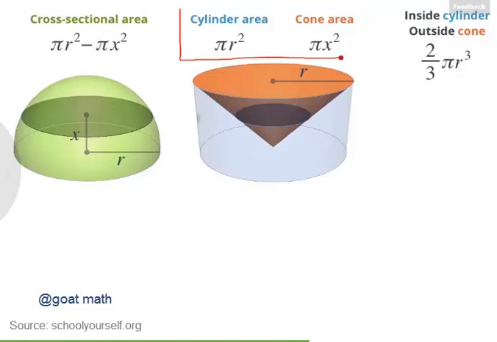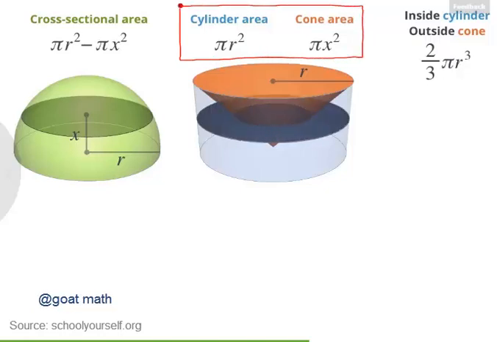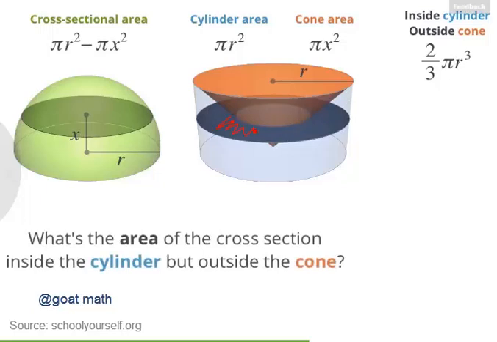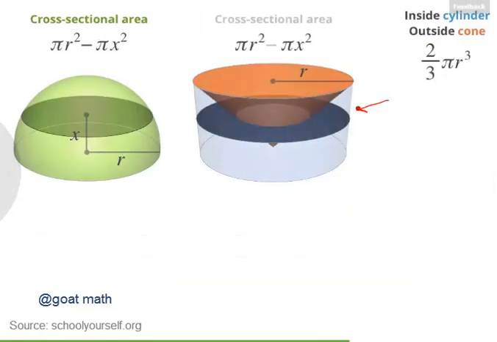Use these facts about the cylinder's cross-sectional area and the cone's cross-sectional area to find the area of this ring that's inside the cylinder but outside the cone. Bingo! The area of this ring is the area of this entire circle, which is the cylinder's cross-sectional area of pi r squared, minus the area of this smaller circle, which is the cone's cross-sectional area of pi x squared.